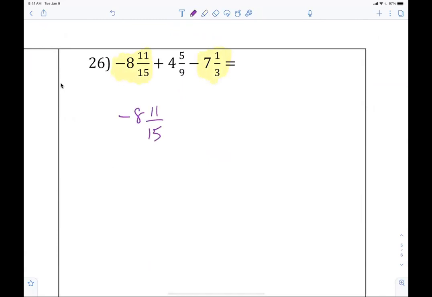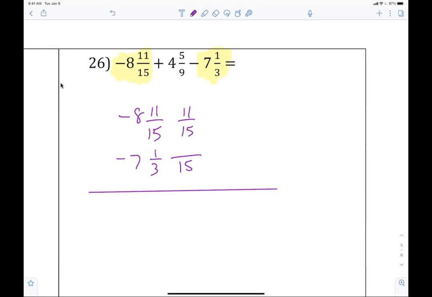The common denominator would be 15. Perfect. 15 divided by 15 is 1, so 11 times 1 is 11. And then 3 goes into 15 5 times, so it's 5.